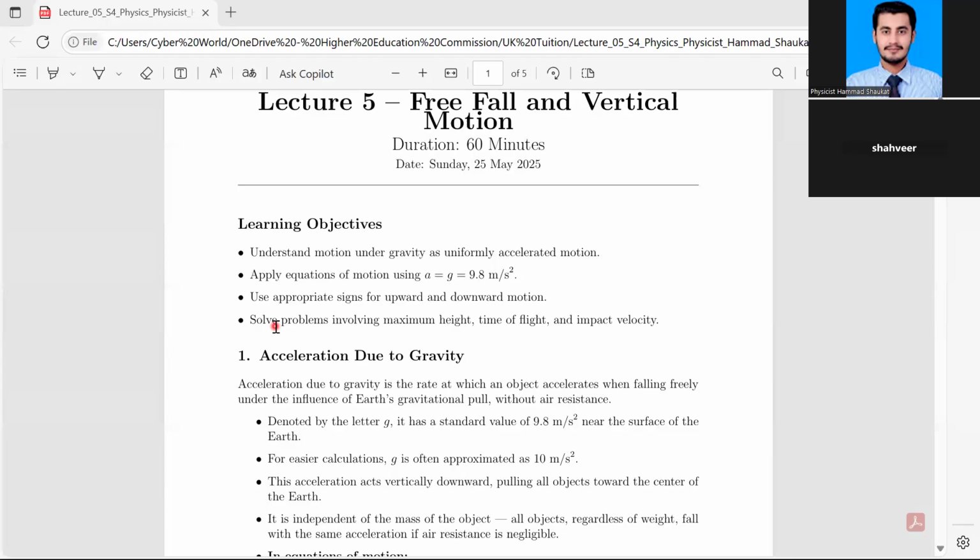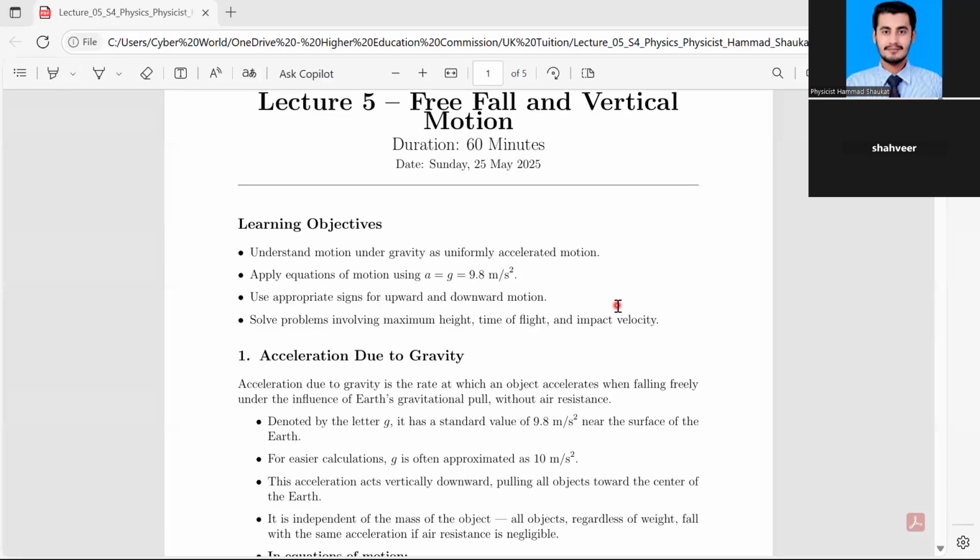Then we will discuss time of flight, which means the total time your body takes from the starting point to the end point. We will also solve problems related to impact velocity. You know that a body has two types of velocities, initial velocity and final velocity.